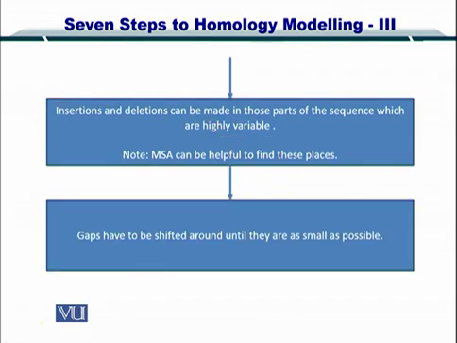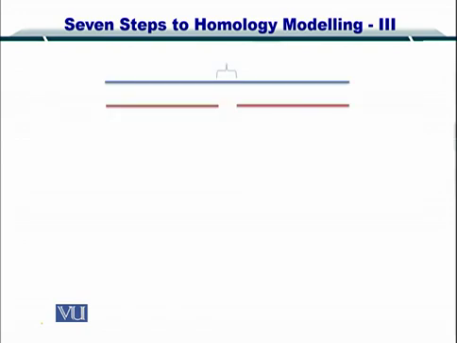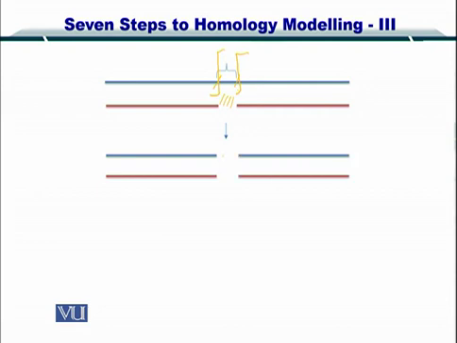Next step is to shift the gaps such that the gaps are as small as possible. So here, if you have a gap, as you can see, there's a gap here. So these amino acids need to be removed. So you cut the protein here and here, and therefore you have removed certain amino acids, and then you join these two together to give rise to a new protein that is slightly shorter in length.